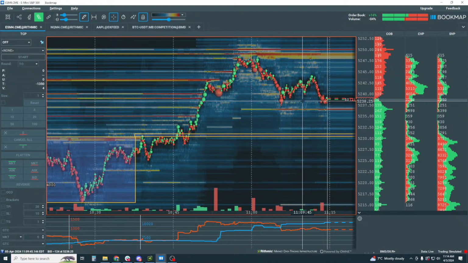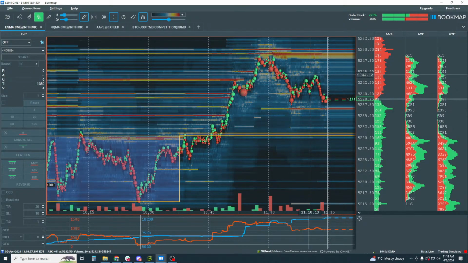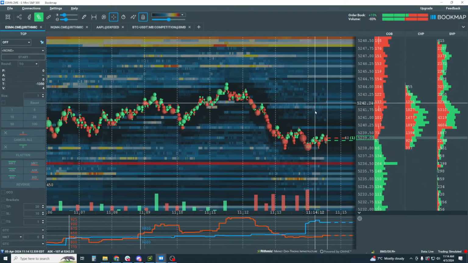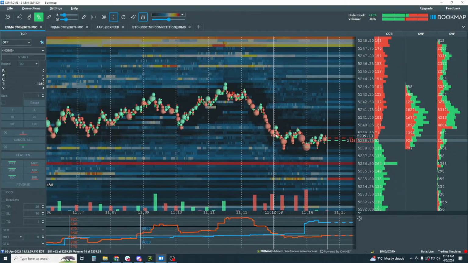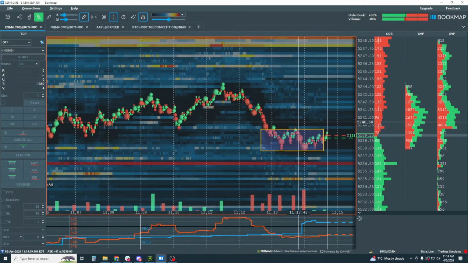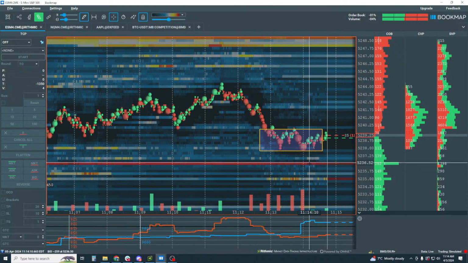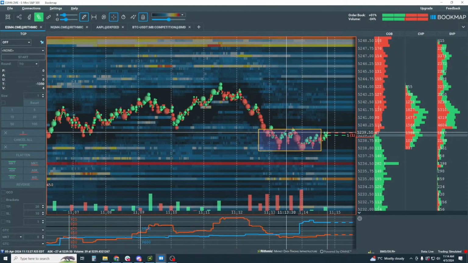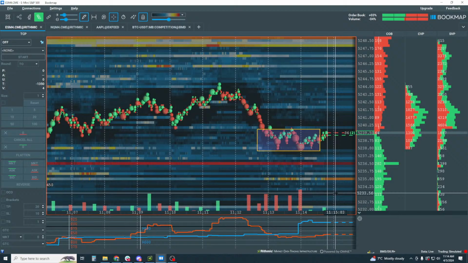Anyway, we can look for it on all time frames. Like right now, here is a little range that we are in right now. Okay, and we're going to see a break of that range at some point here. And it's going to be on high volume.